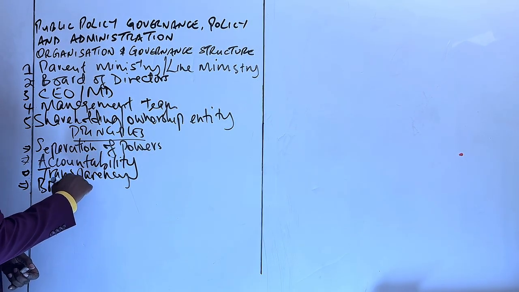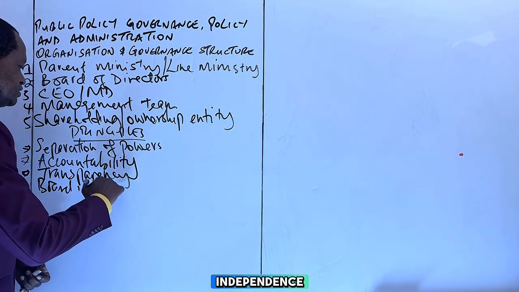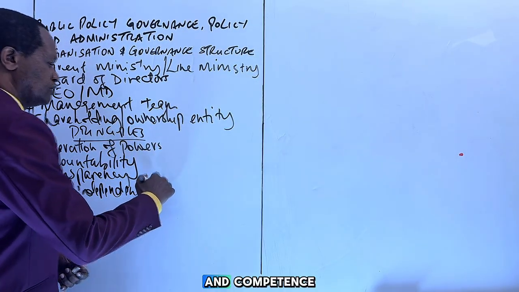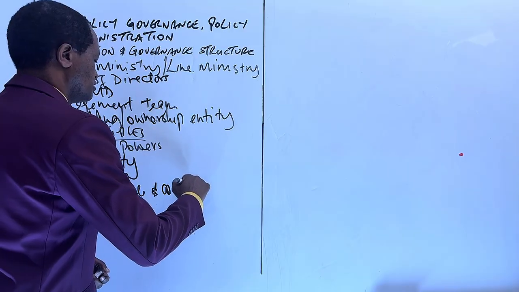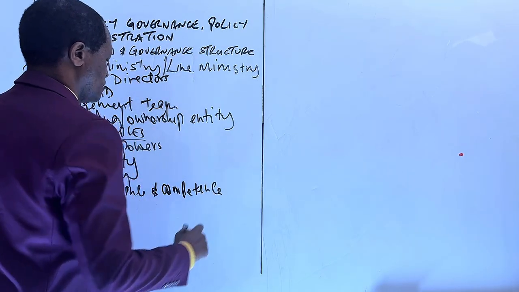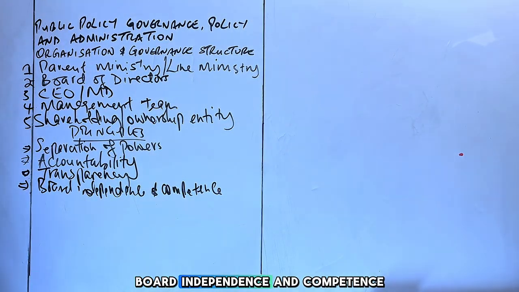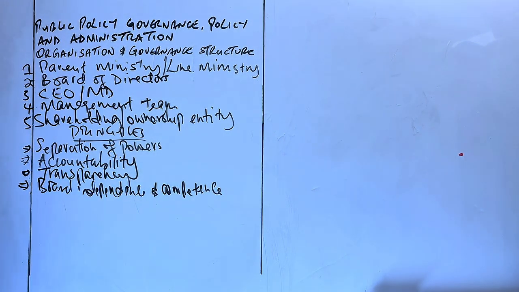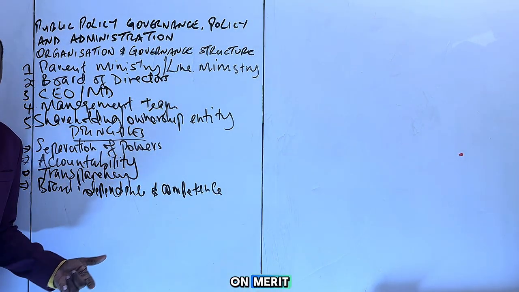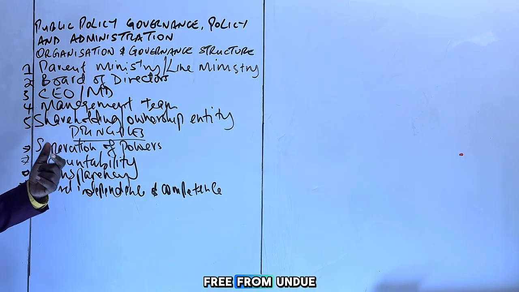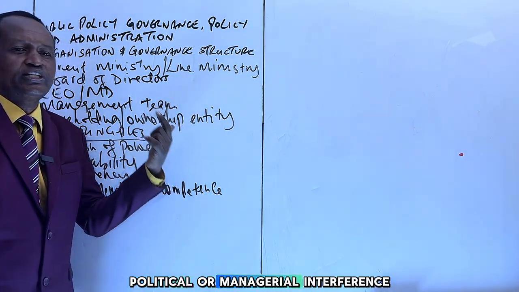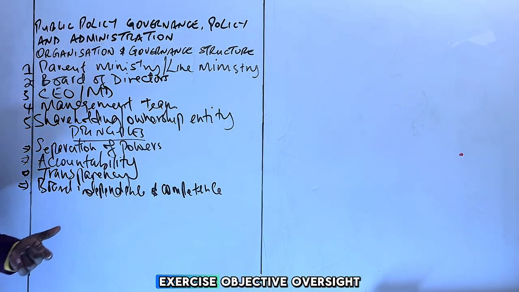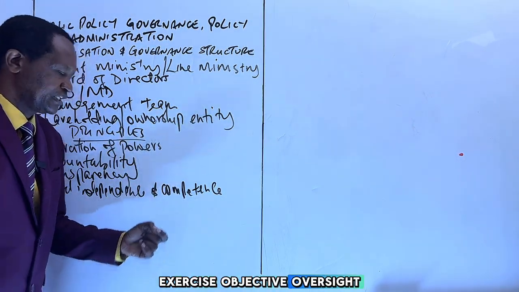Principle number 4, board independence and competence. That is to mean that directors should be appointed on merit and they should be free from undue political or managerial interference so that they can exercise objective oversight.